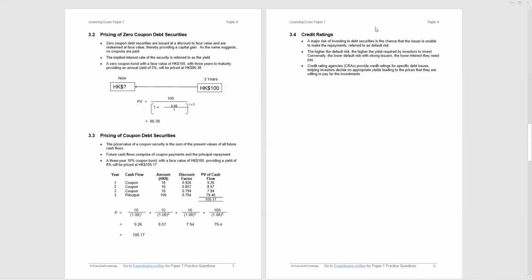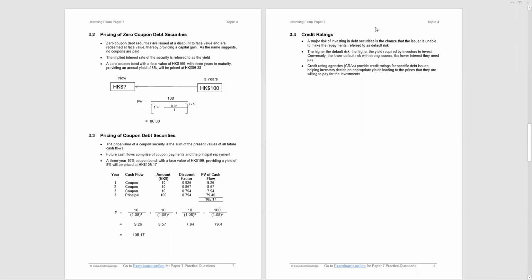The second cash flow of 10 is discounted back 2 years, so I divide by 1.08 squared. The third coupon of 10 is discounted back 3 years at 8%, so we divide by 1.08 raised to the power 3. And the principal also comes back 3 years, so we divide by 1.08 raised to the power 3.